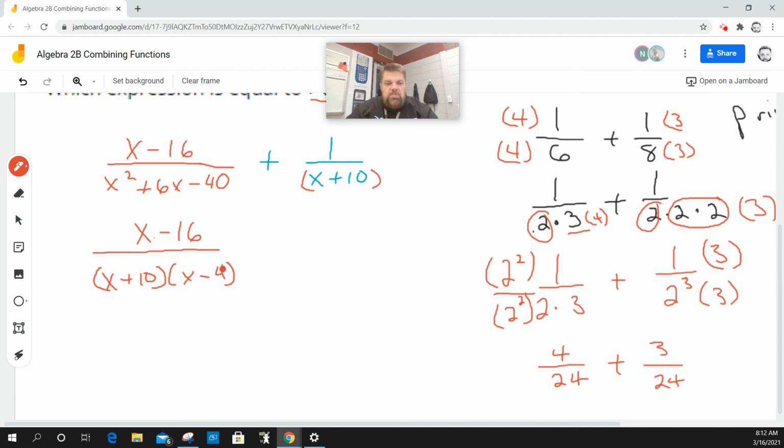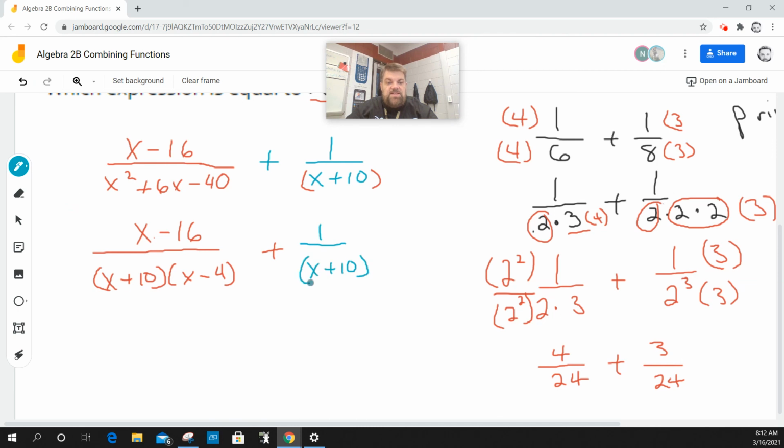And then the middle term will be negative 4 times x, which is minus 4x, and then 10 times x. So yeah, this is the factor of that, okay? Plus 1 over x plus 10.